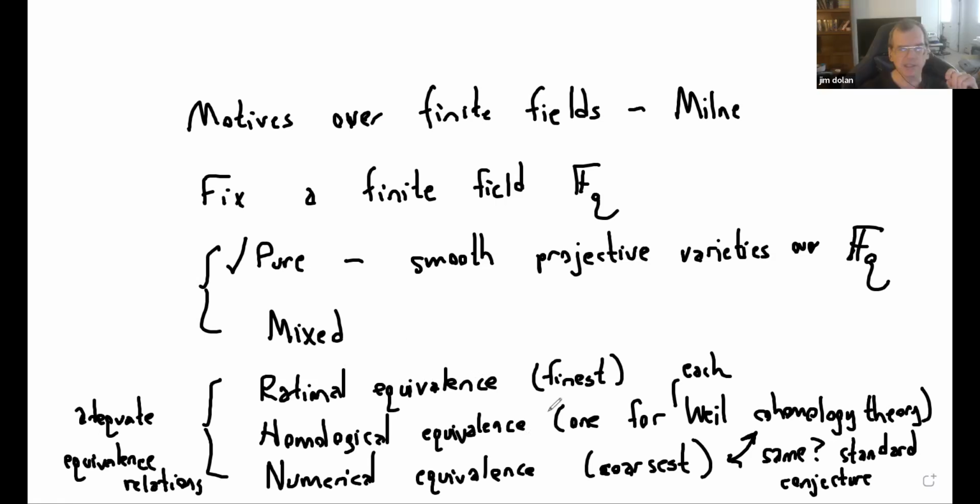So it sounds like one of the things you're saying is that rational equivalence is not associated with a Weil cohomology theory. Yeah, not necessarily. Let's see. Well, I think that would follow from what you're saying. It just makes me nervous.